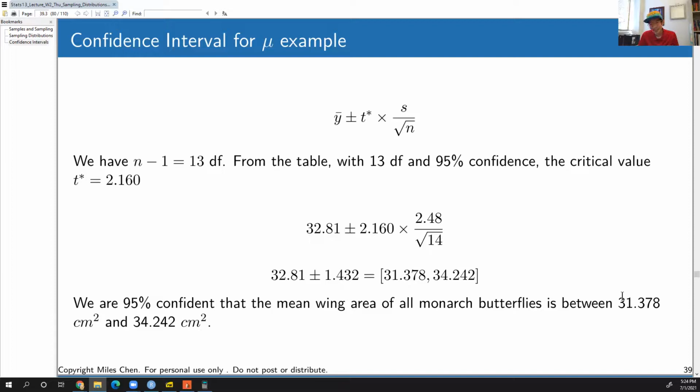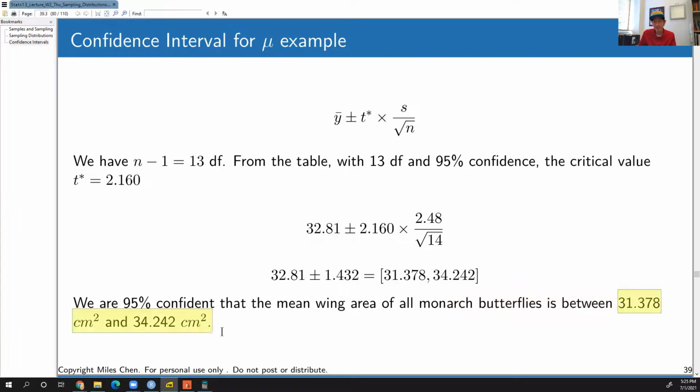I'm saying, basically, I don't want to do that. I'm 95% confident that if we were to go through that painful process, the mean would be between these two numbers. I could be wrong; I give myself 5% room to be wrong.